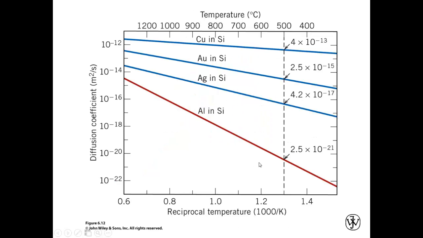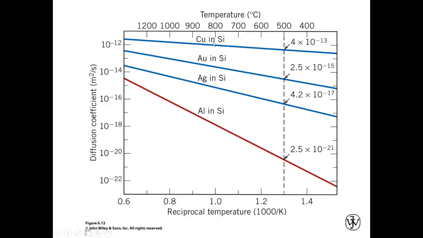This is a very important graph for explaining why we use aluminum in silicon chips rather than copper or gold or silver. Obviously gold and silver are very expensive, so we might not want to use those just for cost's sake, but they have very good electrical properties, especially low resistivity. So does copper.